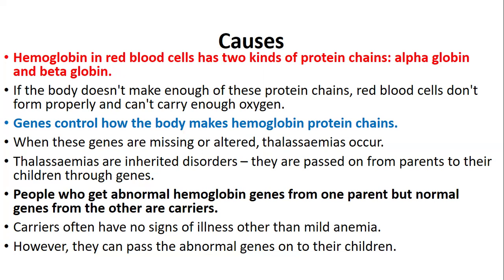People who get abnormal hemoglobin genes from one parent, but normal from the other parent, remain carriers. There is a 50-50 contribution in reproduction, in genetics, when we are passing on the genes from the parent cell to the daughter cell.